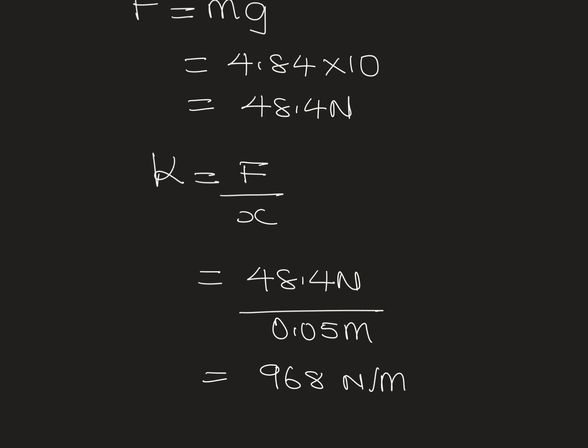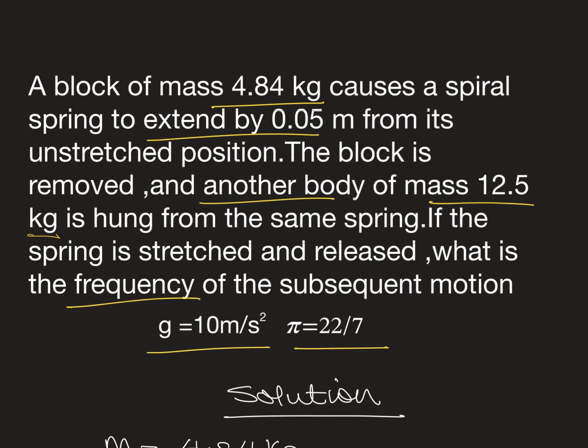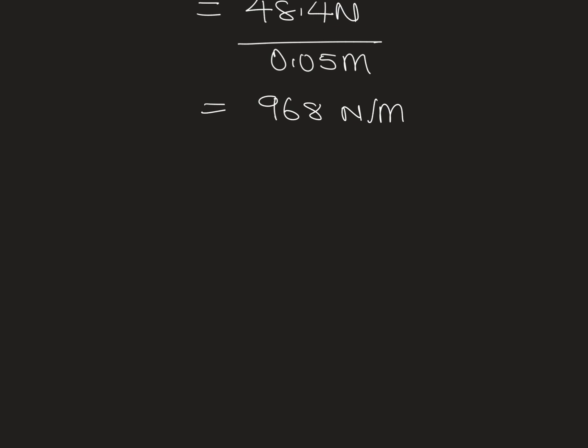That is the spring constant. It never changes. So we are asked to find the frequency when a 12.5 kilogram mass is hung from the same spring. So which means now we are dealing with a mass of 12.5 kilograms.